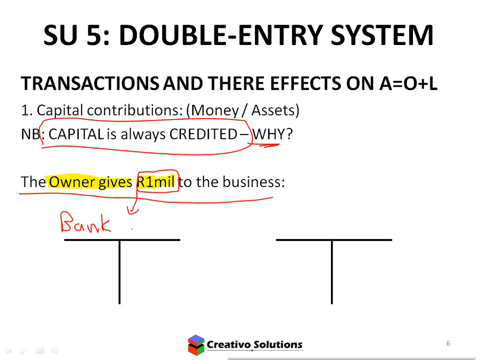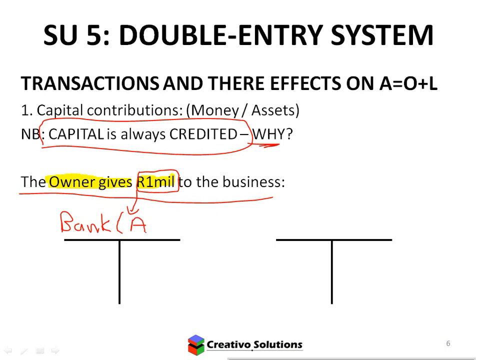Money is cash, and cash is in the bank. Apply your definitions. Bank is which of those 6 rules? Which elements? It's an asset, it's a resource. Good, there's the answer, asset. So now I know bank is an asset.